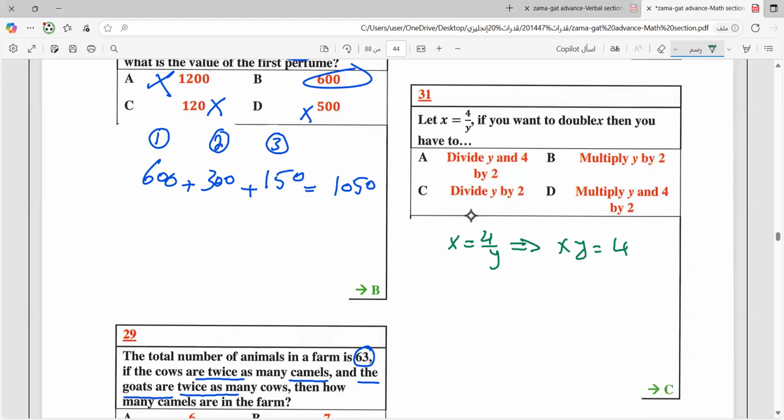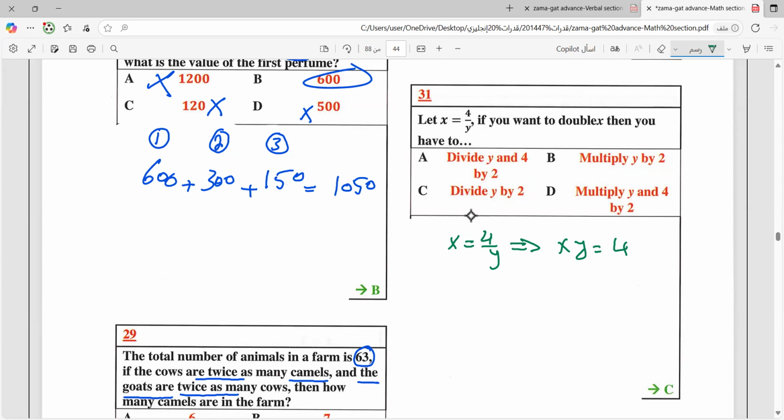But here we don't have divided, we multiply y by 2. So what will I do here? So divide y by 2. Here xy divided by 2, we divided by 2.